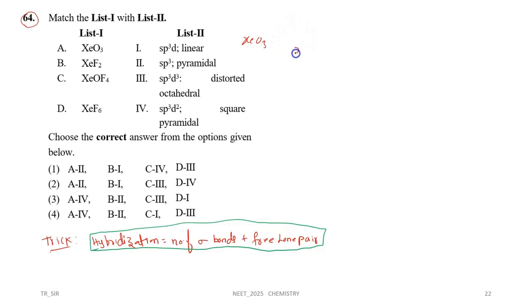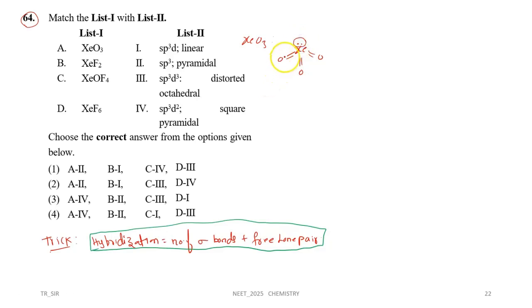Let us keep the xenon in the center. Oxygen is divalent, which means it can form a double bond with xenon. Three oxygens take two electrons each, three into two, six electrons committed. So two electrons will be left out as a lone pair.